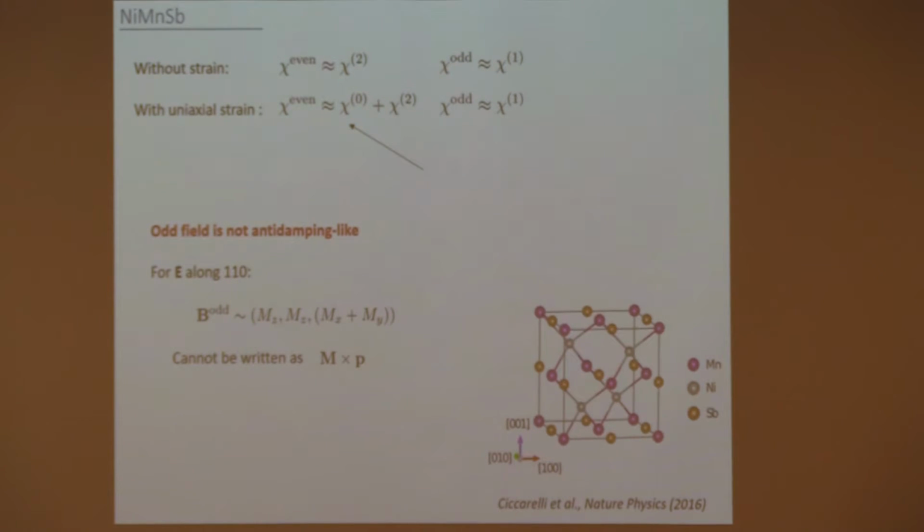And so we do not know what kind of dynamics this kind of field will induce. We have some ideas about what the dynamics of the anti-damping like field would be. Probably it would be quite similar, but in general I think this is quite interesting because we can now have fields of many different types in principle.